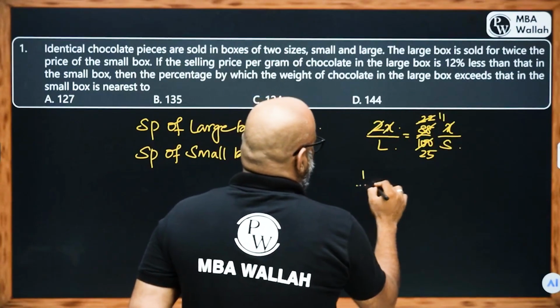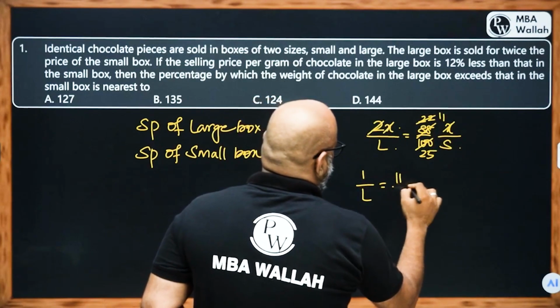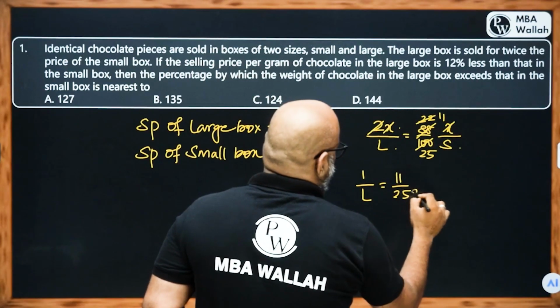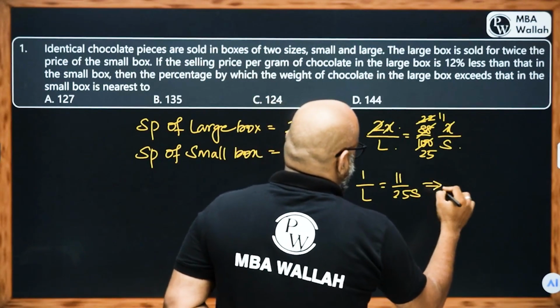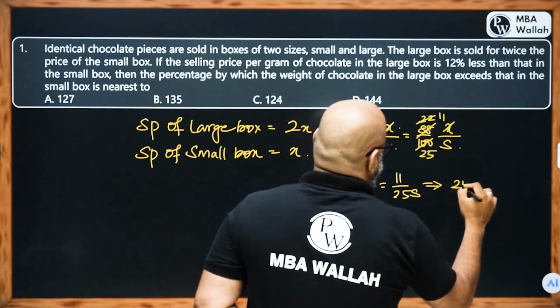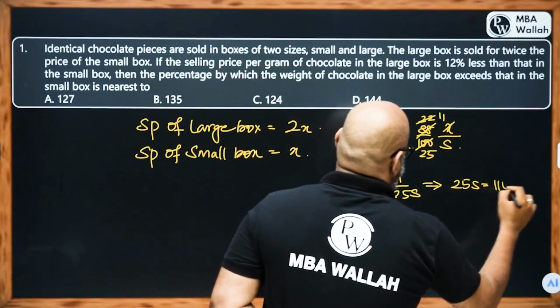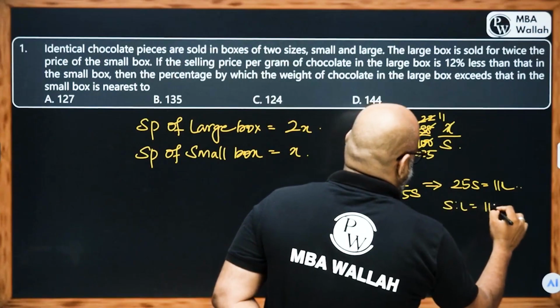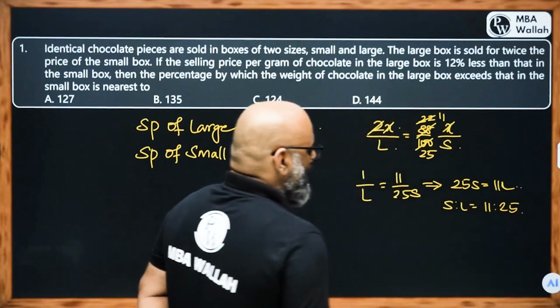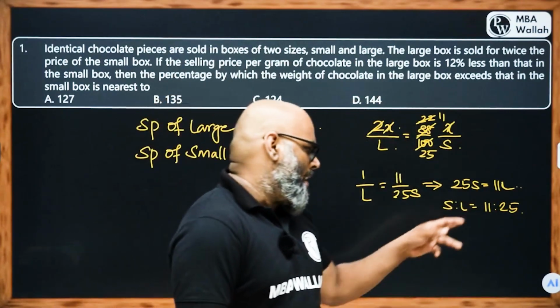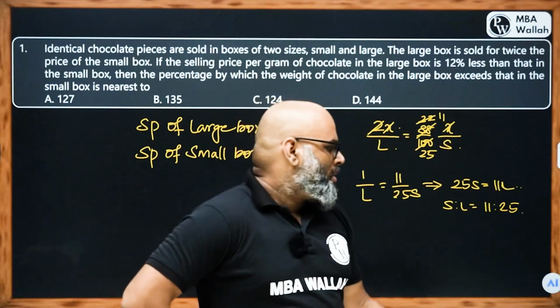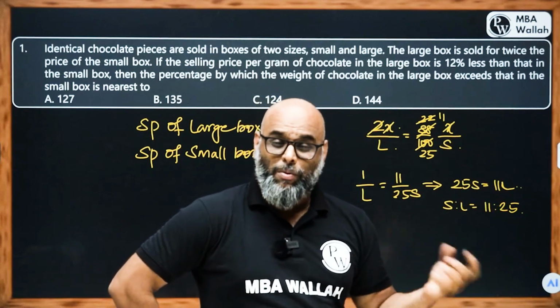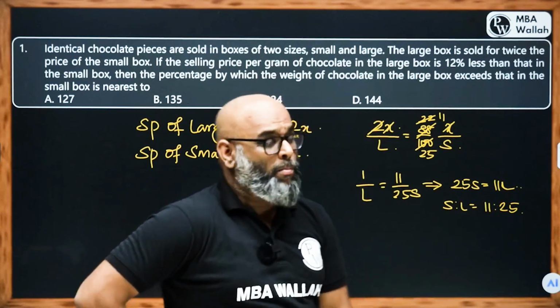So you'll have 1 by L is equal to 11 by 25S. Or from here we can say 25S is equal to 11L, or S is to L is equal to 11 is to 25. Which is telling me that if there are 11 pieces in the small box, there are 25 pieces in the large box. We have the ratio of number of pieces per box.